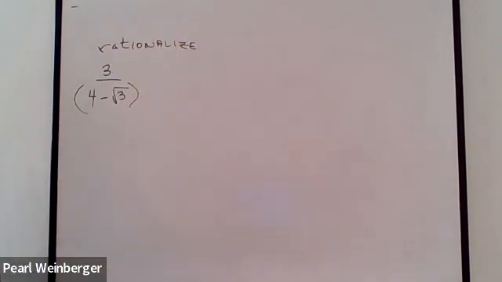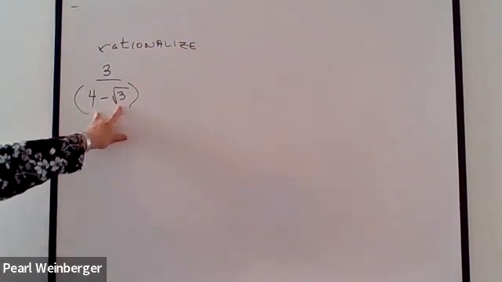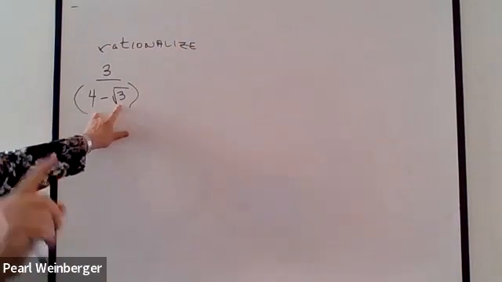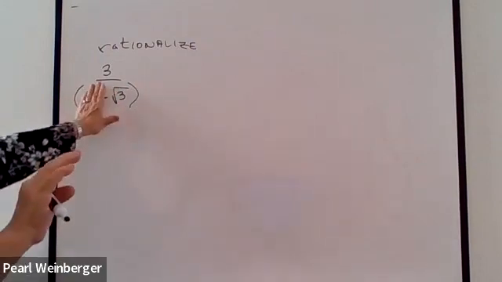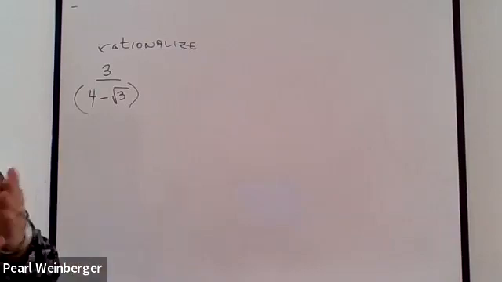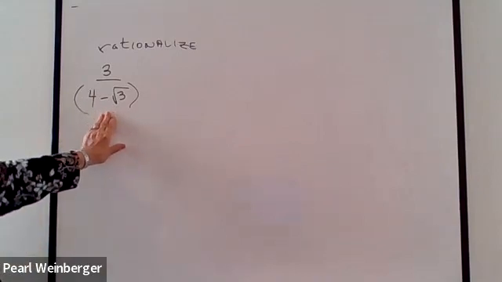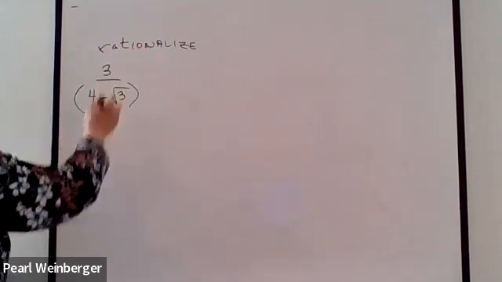So here's what you do. If your denominator is a binomial, it's not a single term. If it's a single term, if it wouldn't have had the plus or minus, I just use the square root of 3. But if it's a binomial, a plus or a minus in each one, what you're going to multiply by is the conjugate.